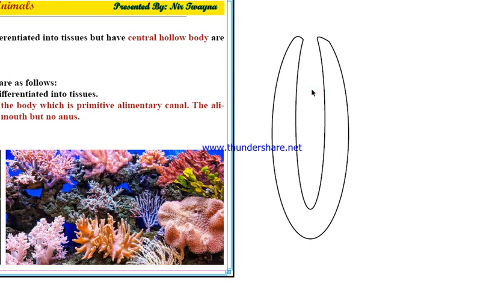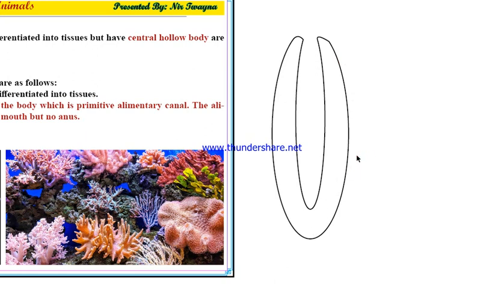But in Coelenterata, this inner layer or inner surface is covered by digesting and absorbing tissues, but the outside layer is covered by protective tissues. See the difference? The outside layer is covered by protective tissues, so they cannot absorb water through their body.